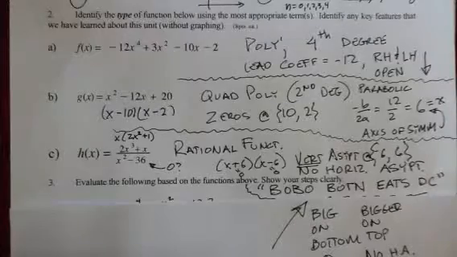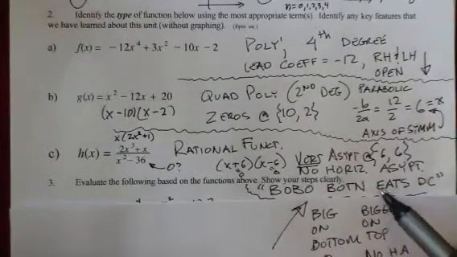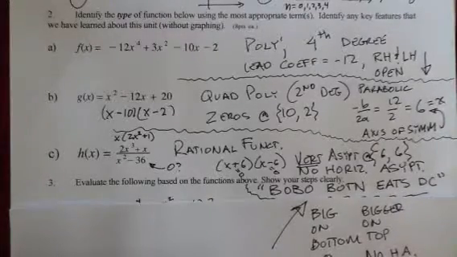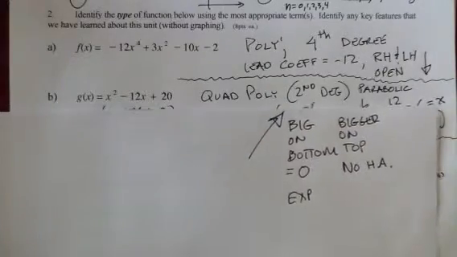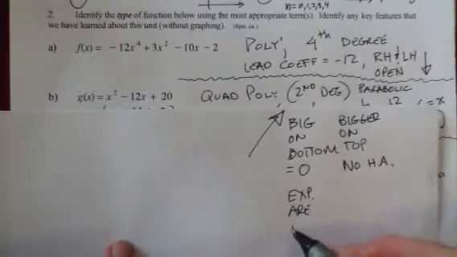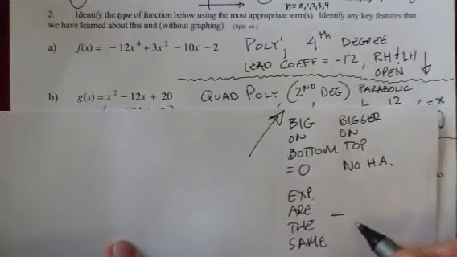Okay, and then this eats DC part is exponents are the same. That's what that stands for. Exponents are the same. Then what's true?